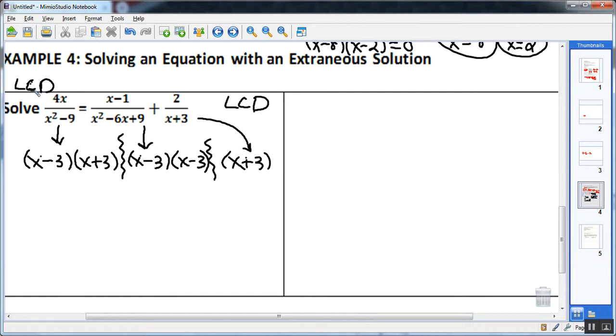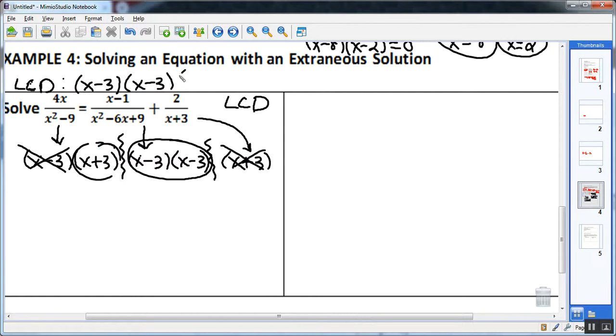Our least common denominator is going to become x minus 3 times x minus 3. So we took these 2 and we said if I take those 2, I can't have that one there from that bucket. Now, what else are we allowed to choose? X plus 3. Doesn't matter where that one comes from right now. So maybe we take this one and say we can't have this one. Okay?